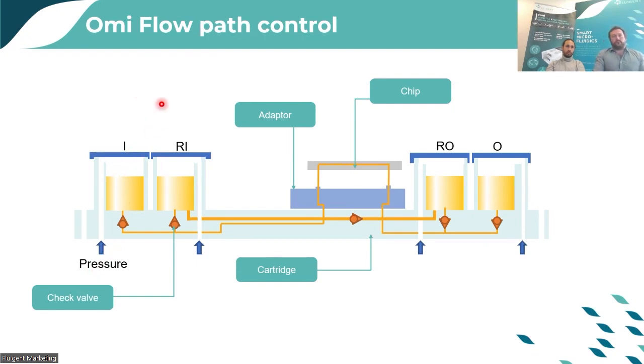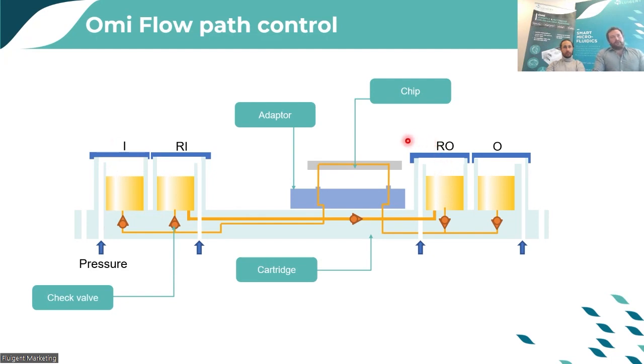This is how the flow is driven through pressure. You can set a pressure at the top of the liquid in the reservoir. That is why it's really important to tighten the caps correctly. Depending on the pressure difference between the input and output reservoirs, you can set the flow the way you want.